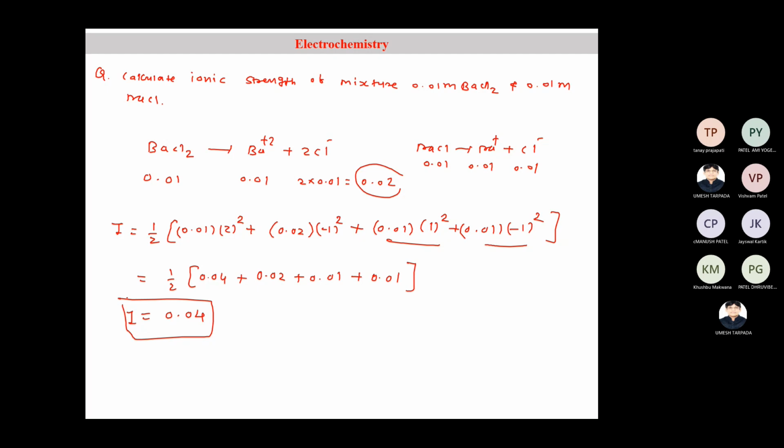Suppose you are given 10 millimole, that means you divide it by 1000.